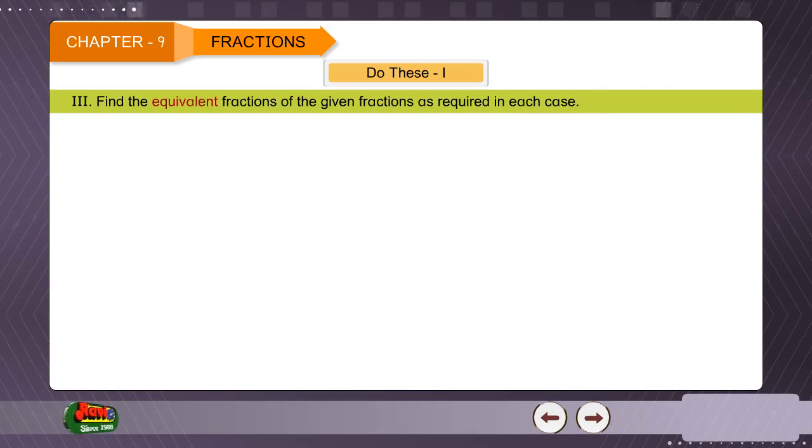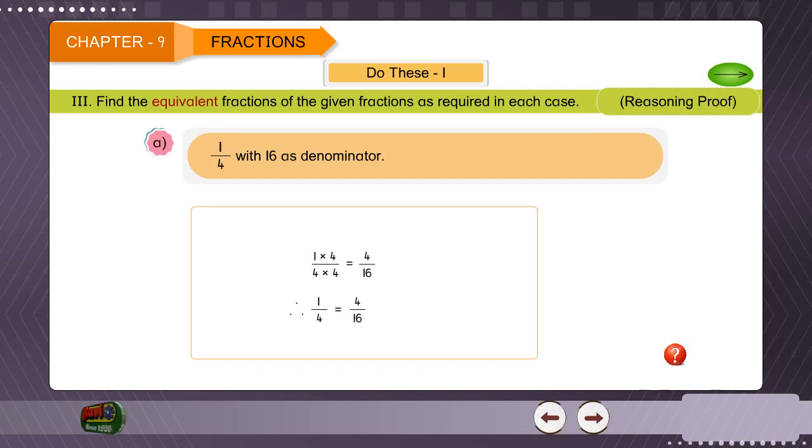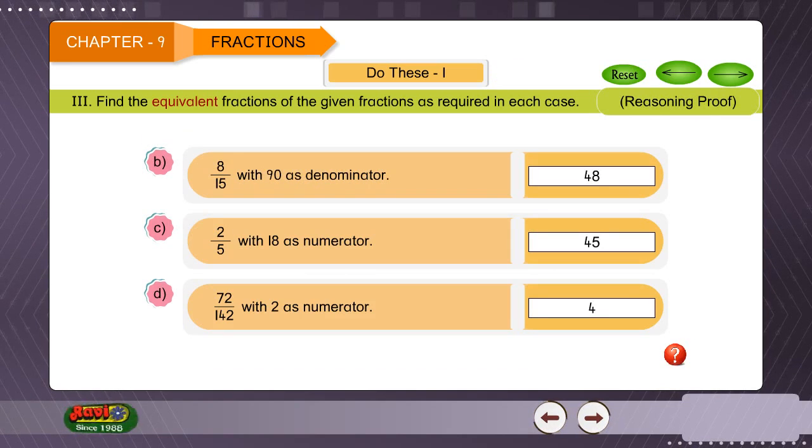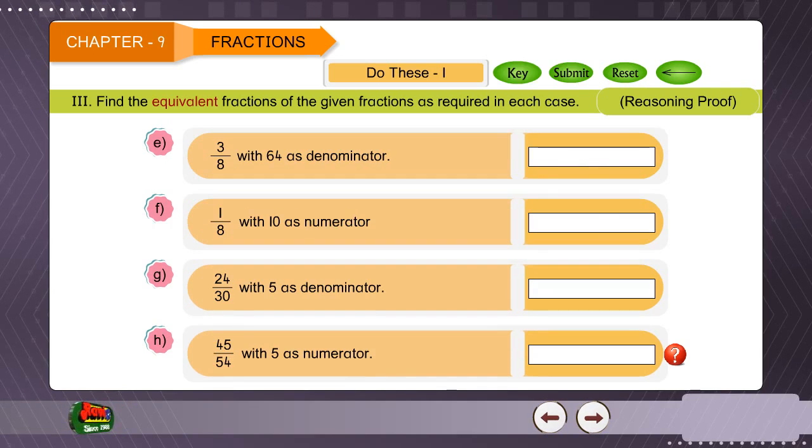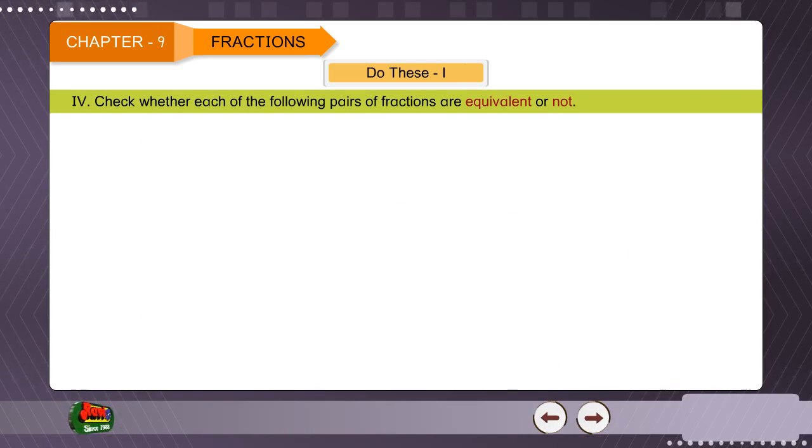Find the equivalent fractions of the given fractions as required in each case. Reasoning proof. 4. Check whether each of the following pairs of fractions are equivalent or not. Reasoning proof.